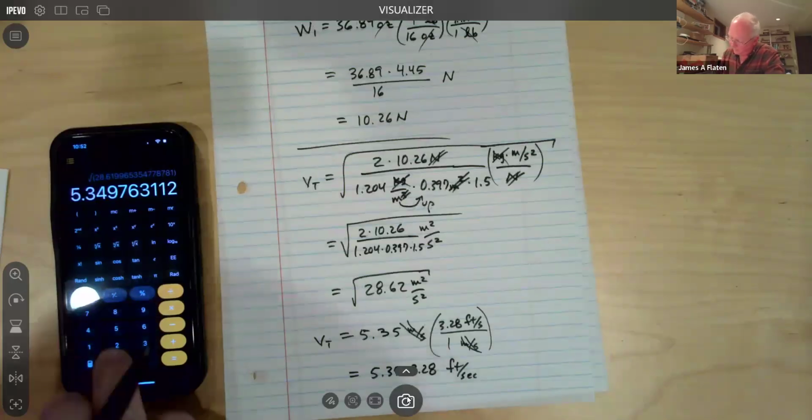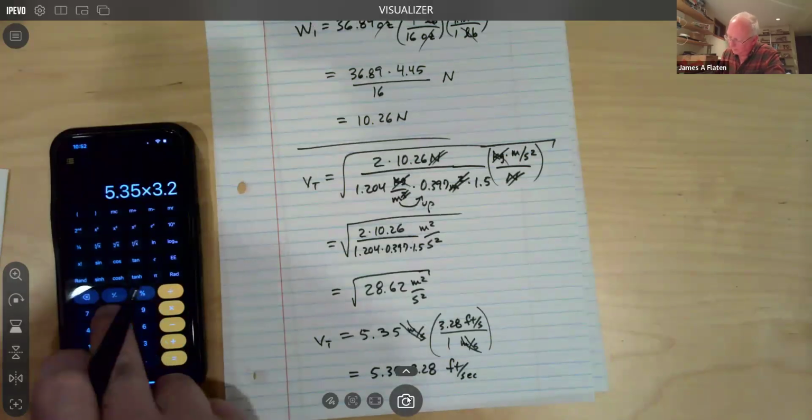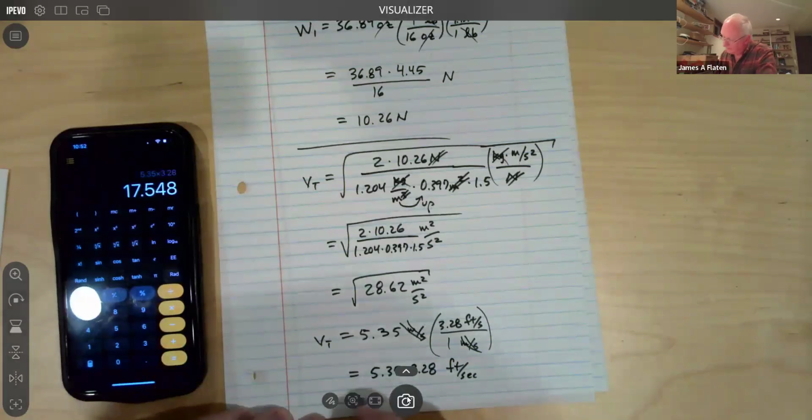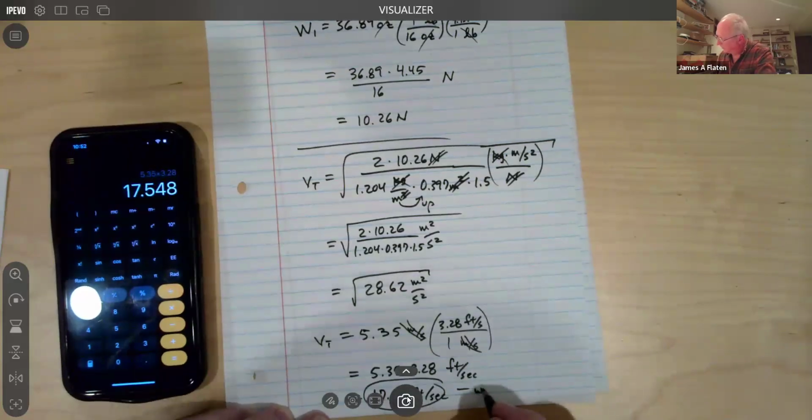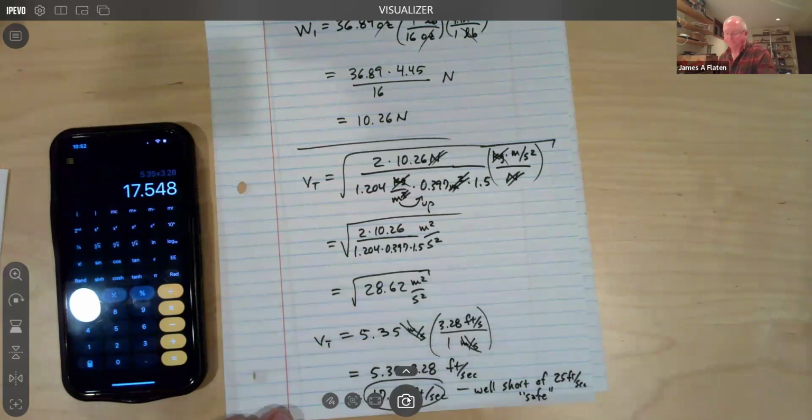Let's try that. 5.35 times 3.28 equals 17.55 feet per second. Good. So well short of 25 feet per second. I'm going to call that safe as far as the landing speed.